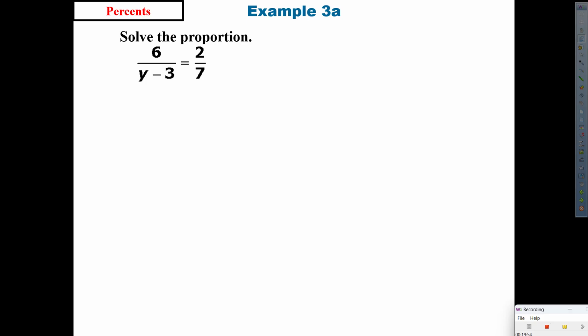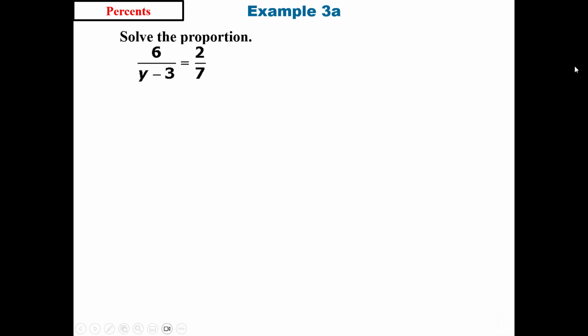Why is that one called a proportion? Nick, why is that called a proportion? Two fractions equal to each other. That is correct. All right, so go over this one together.